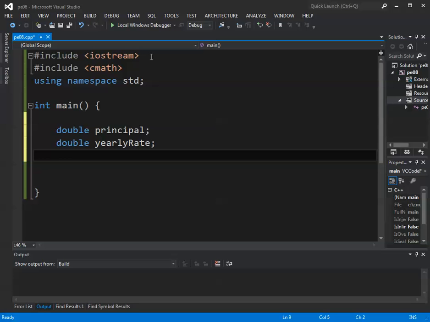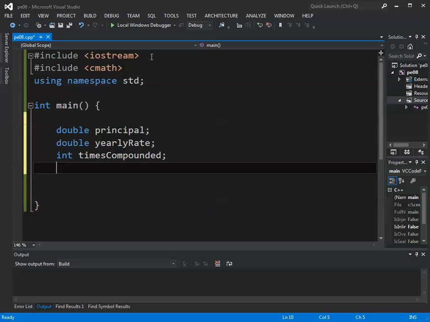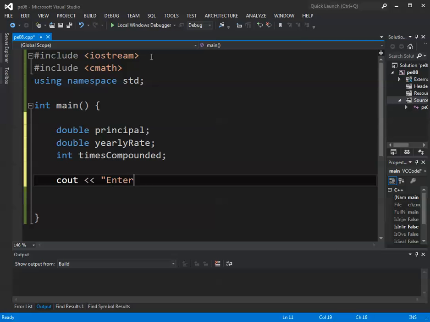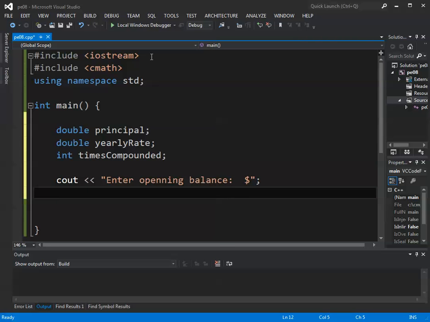Times compounded, it's important to recognize that really that should be an integer, right? We're not going to compound interest 12.5 times per year. It's going to be a whole number. And now I'll go through and get that data from the user. Prompt them for dollars and cents.